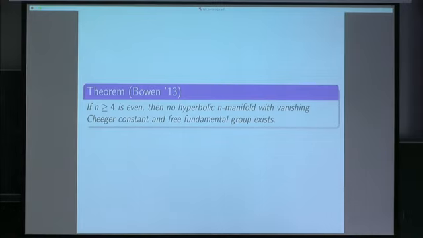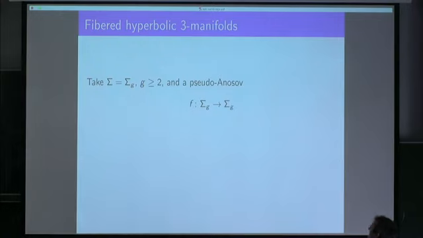Okay, so let us come back to what we know is true, and let us describe a very concrete example which tells why Gromov's conjecture should be true. So we concentrate our attention on the case of hyperbolic three-manifolds which fiber over a circle.